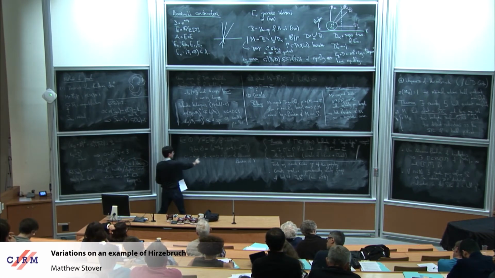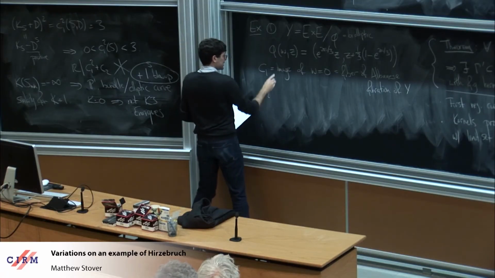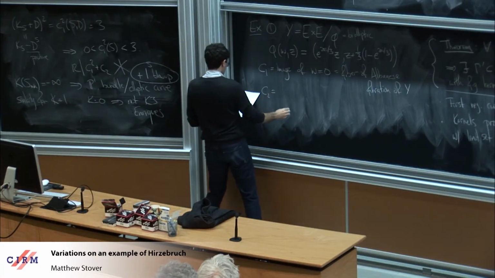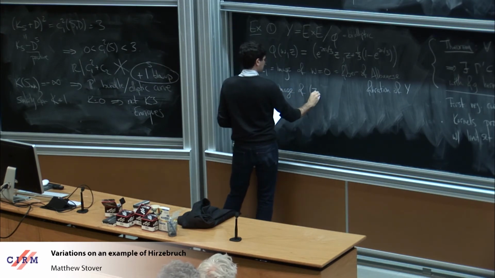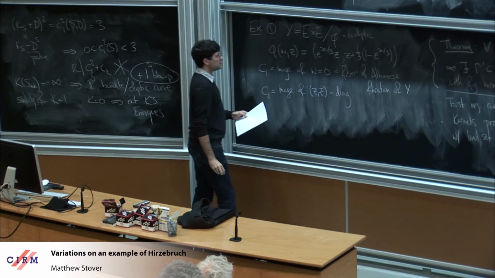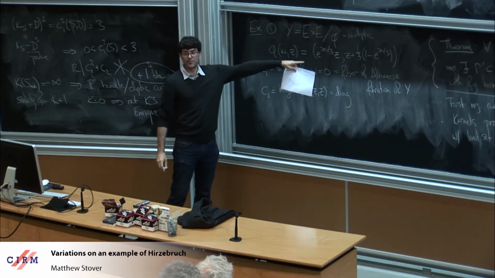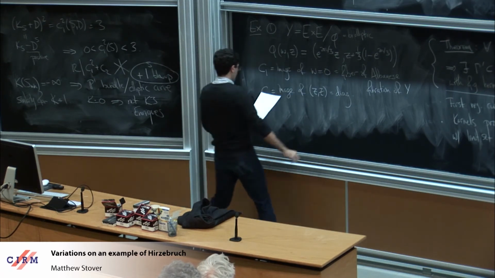So the first curve will be the image of W equals 0. So that's the fiber of the Albanese fibration. C2, so that's smooth. C2 will be the image of the diagonal. And what you notice is the diagonal is not preserved by this. Okay, you have to do some calculation, but it's not that hard.